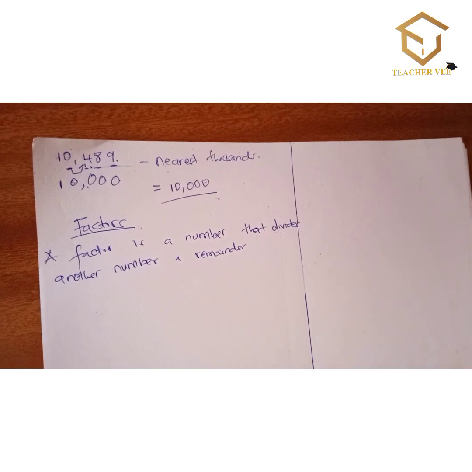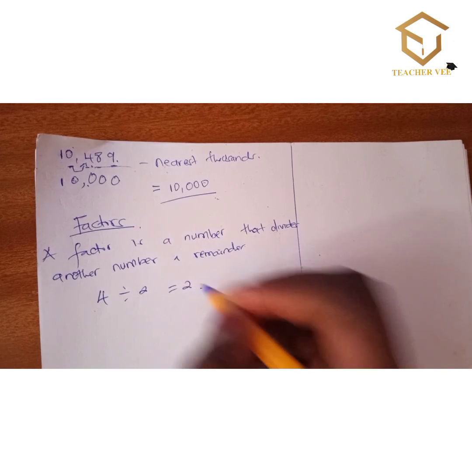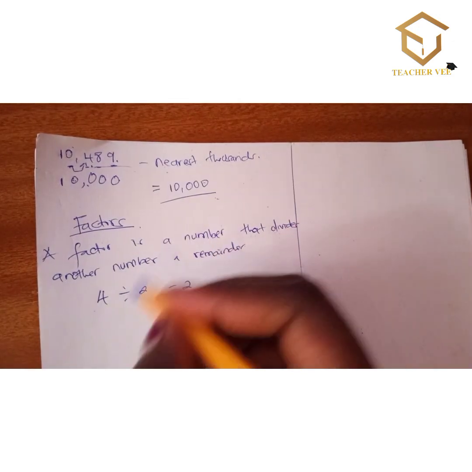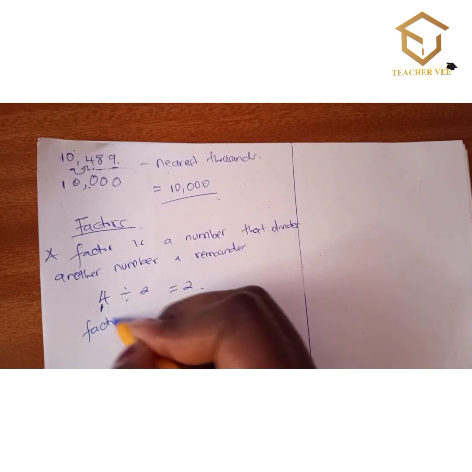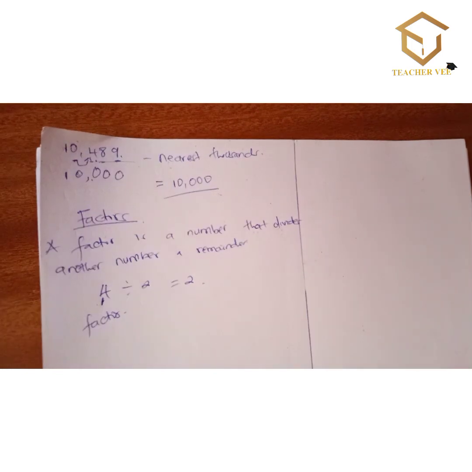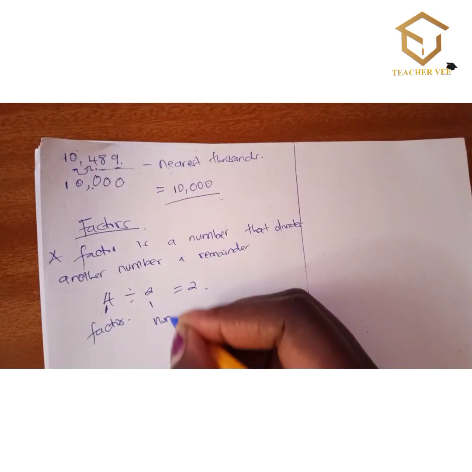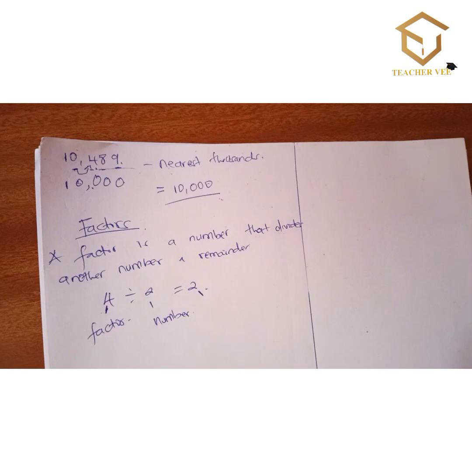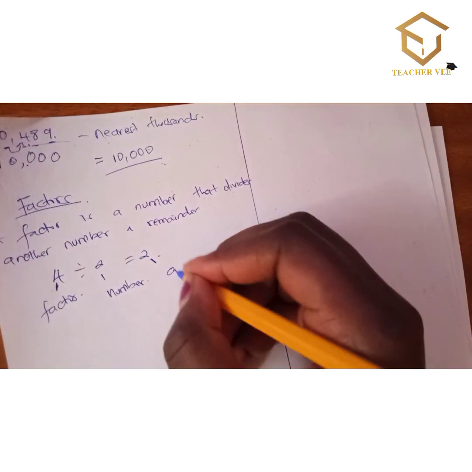For example, when you divide 4 by 2, the answer is 2 without any remainder. So basically 2 is our factor because it can divide this number without leaving a remainder.